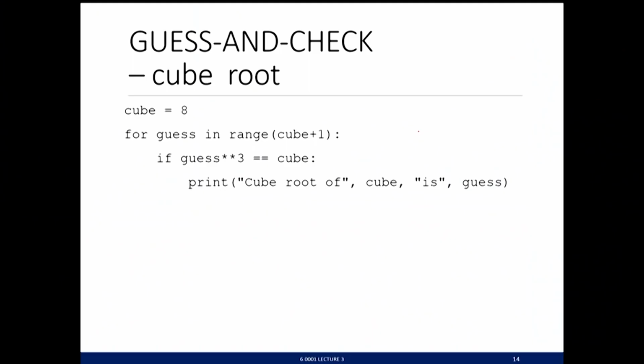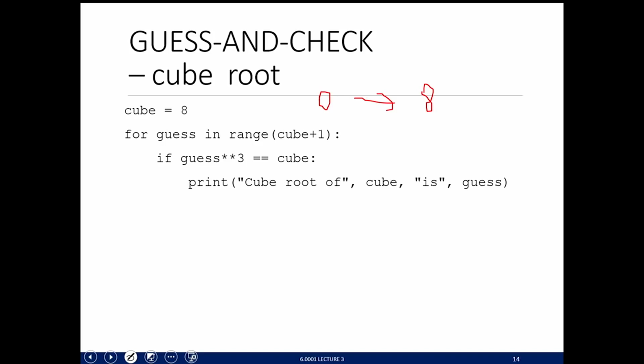So here's very simple guess and check code that finds the cube root of a number. So I'm trying to find the cube root of 8. So my cube is 8. I'm going to have a for loop that says I'm going to start from 0, and I'm going to go all the way up to 8. For every one of these numbers, I'm going to say, is my guess to the power of 3 equal to the cube 8?